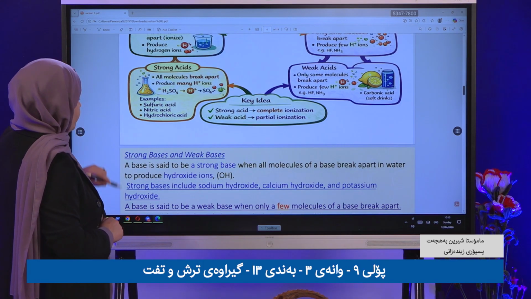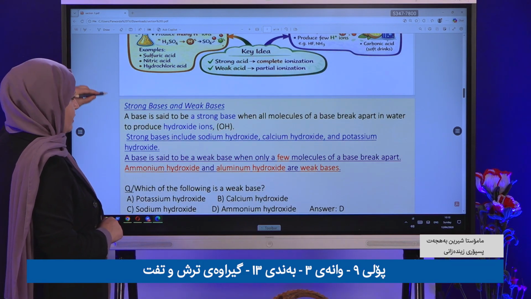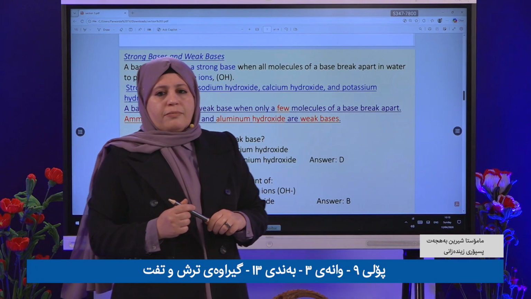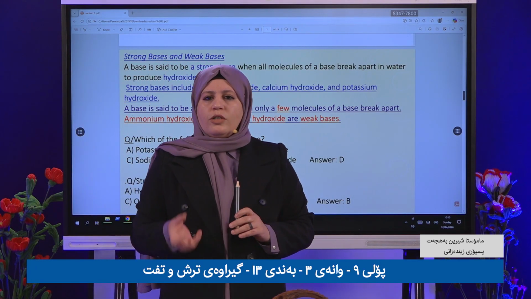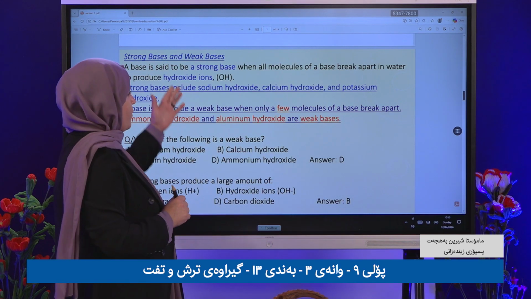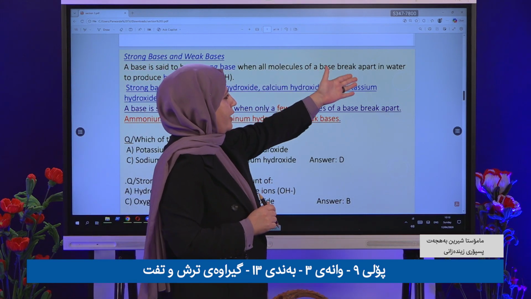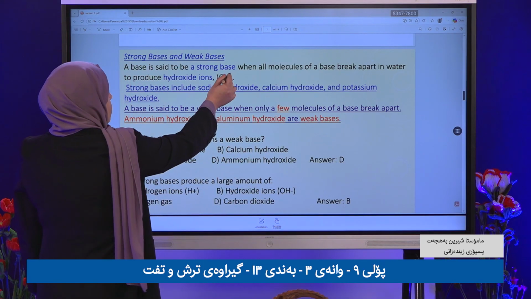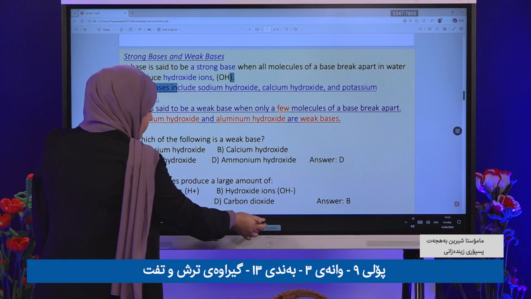Let's go to strong base and weak base. What is the difference between them? When a base molecule breaks apart in water, what do they produce?